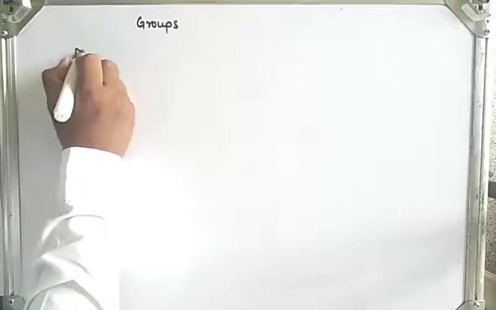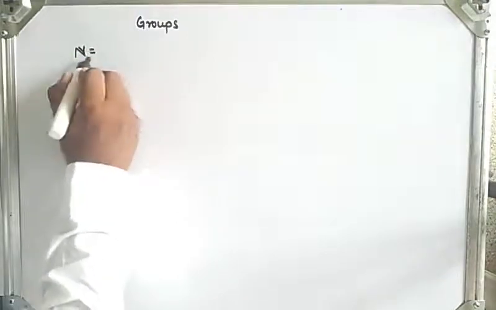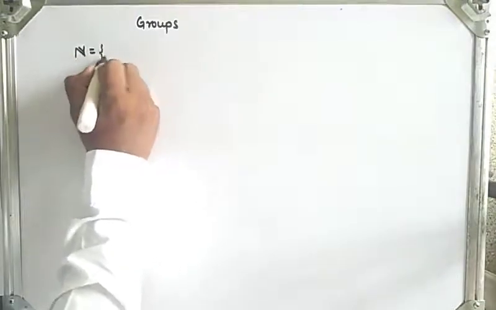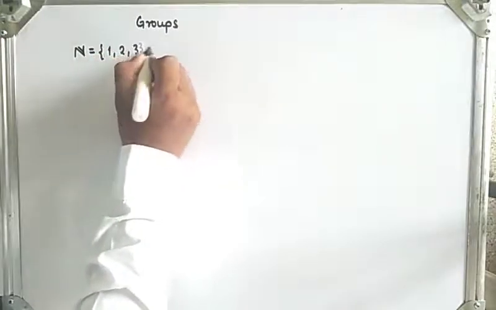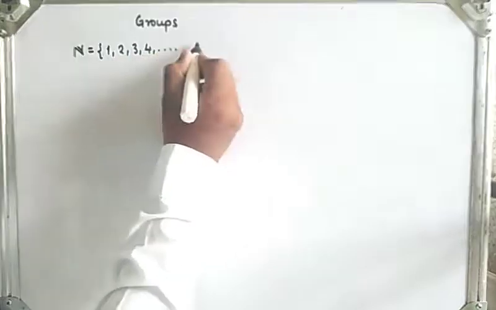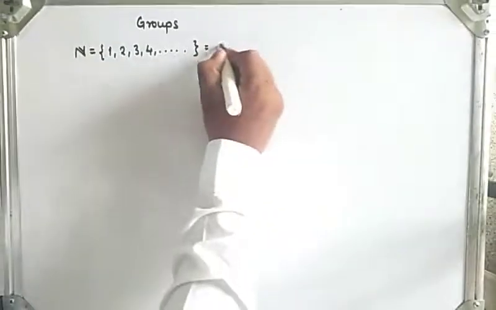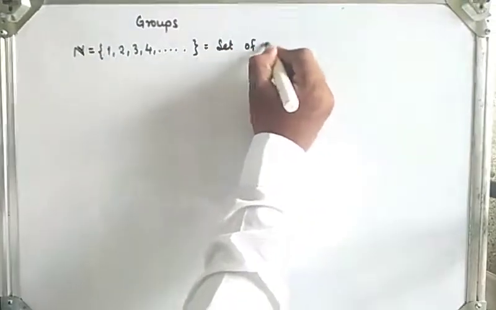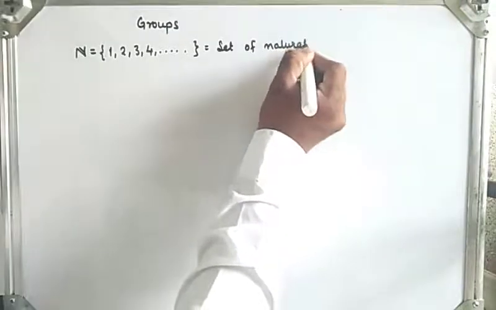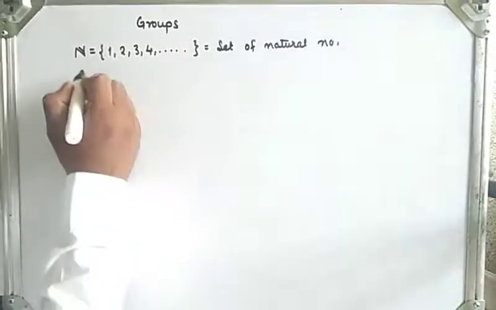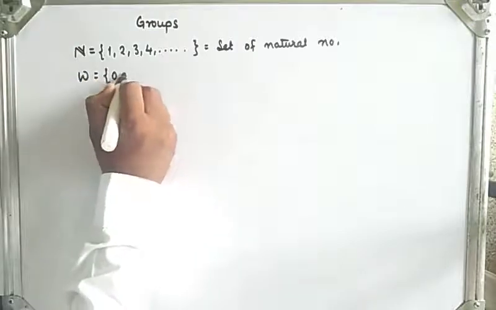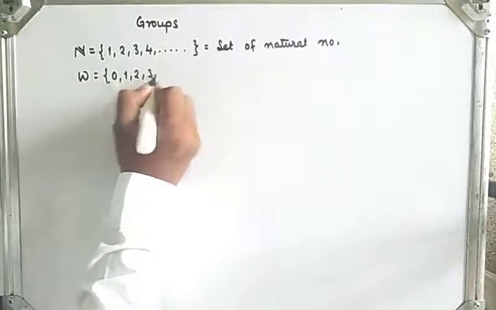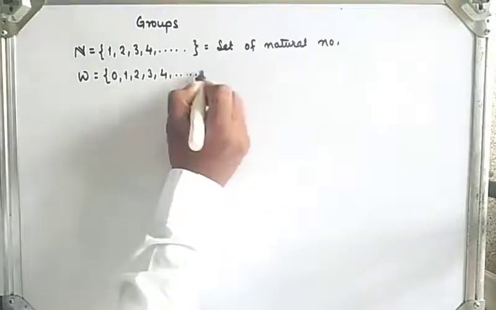First, the set of natural numbers is denoted by capital N, which has the numbers 1, 2, 3, 4 and so on. Next, the whole set is denoted by W, which starts from 0, 1, 2, 3, 4 and so on.